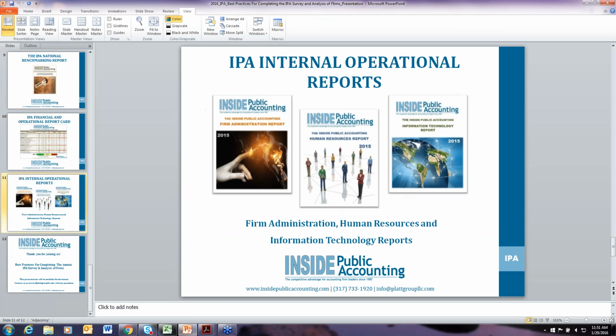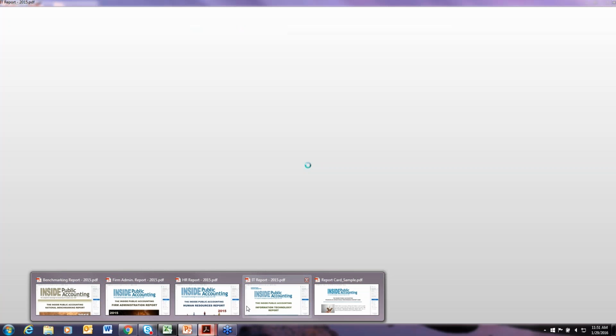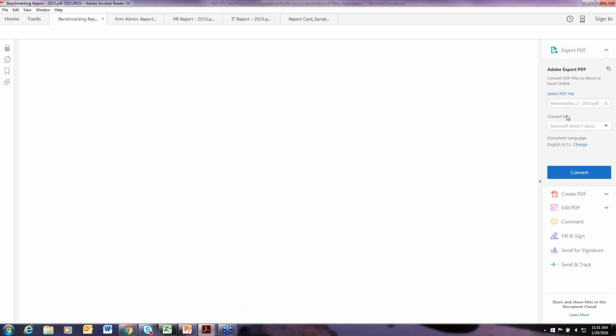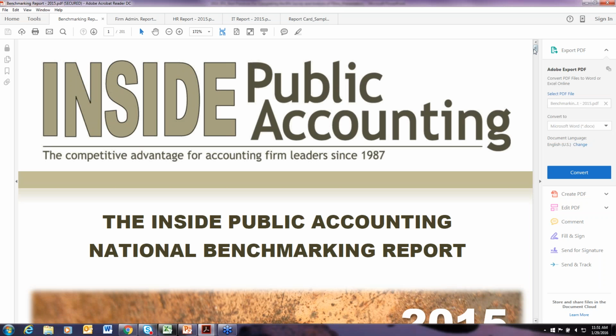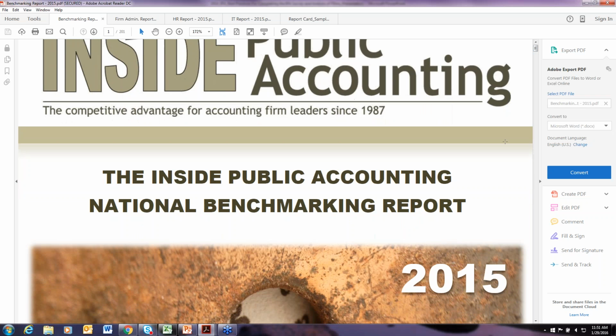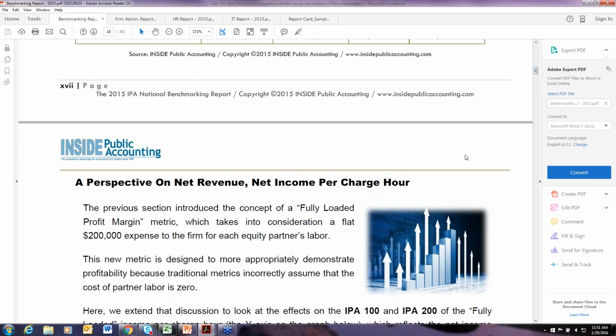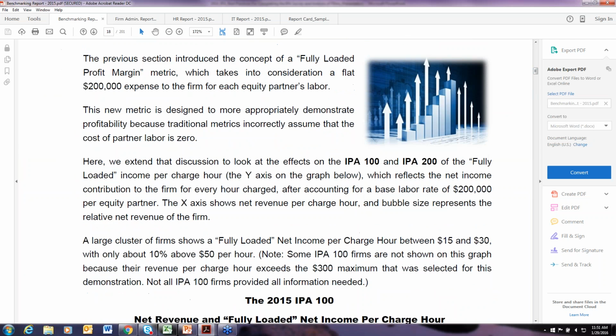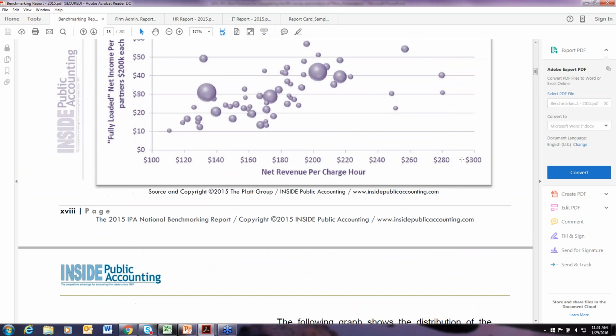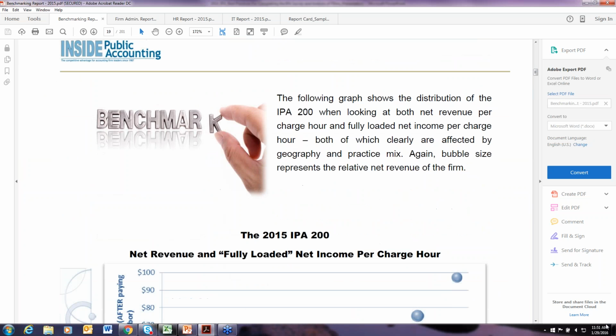So let me just bring up a couple of other things here just to take a quick look at. For those of you who are looking at the full benchmarking report, if you haven't seen it before, there is a pretty comprehensive executive summary with graphs and charts and commentary throughout at the beginning.